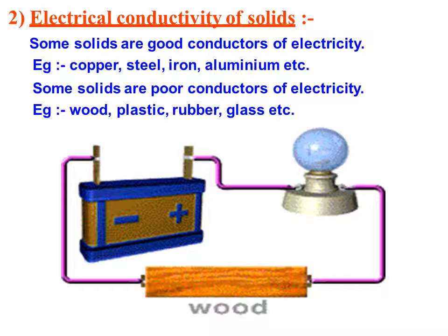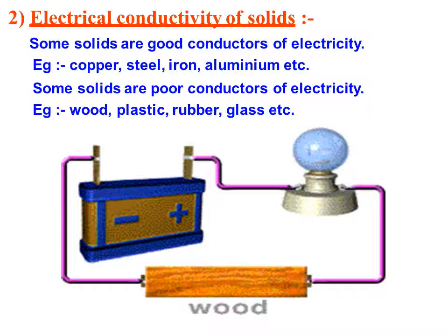It has stopped because it is a poor conductor of electricity. So in this case, if instead of wood, you put a block of steel or copper, the bulb will glow. So these are the conductivity of solids.